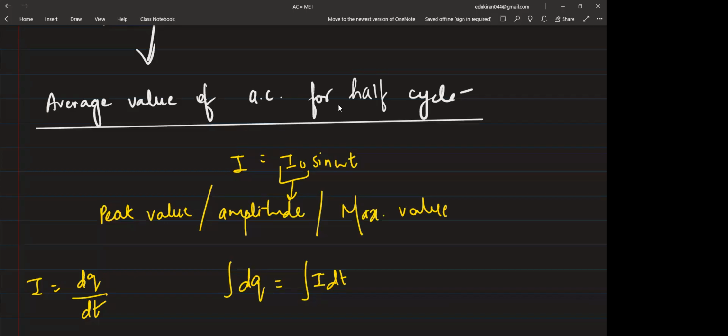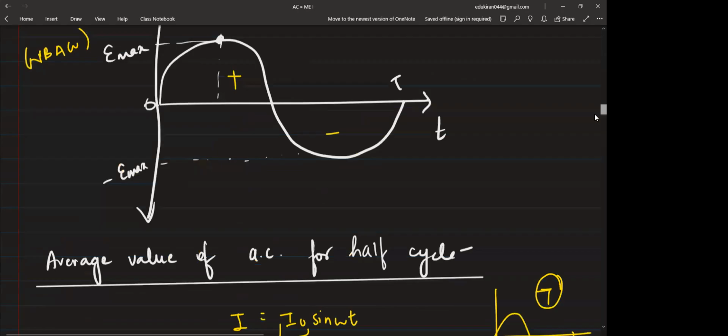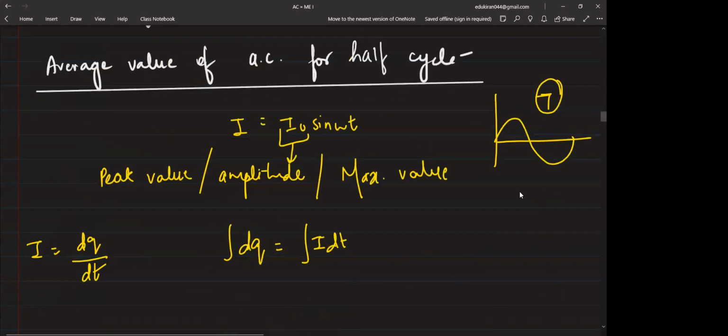And if it is a half cycle, if this is the graph, the total time period is T. In this also you can mark that T is the time period.